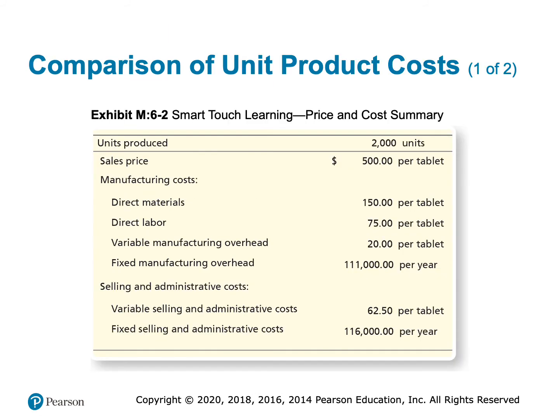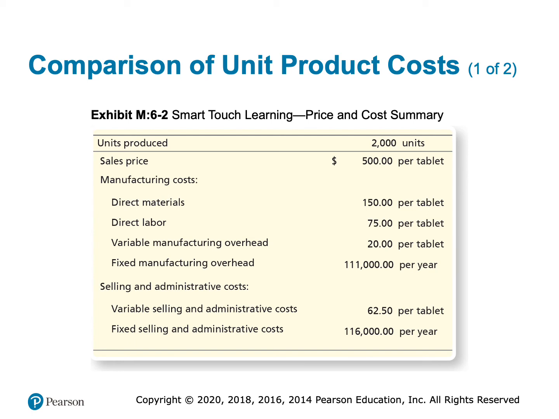So let's work through an example here. We are making tablet computers. We're making 2,000 of them. We normally sell them for $500. The materials cost is $150, the labor is $75 per unit, the variable overhead is $20 per unit, and the fixed overhead is $111,000 per year.